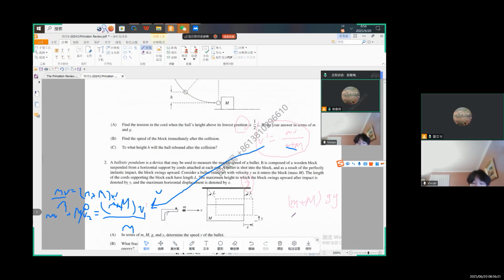This is all the energy you have because you don't have kinetic energy after. And before, it only has kinetic energy, right? v prime squared. So using this one and this one together, you can answer A. Does that make sense?